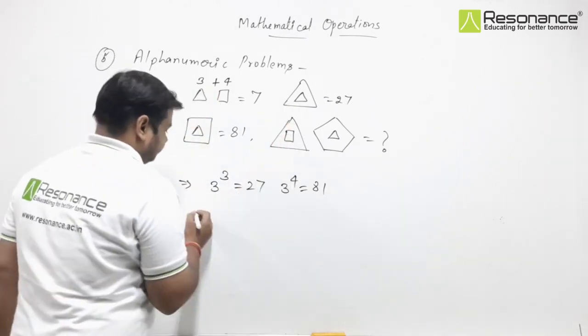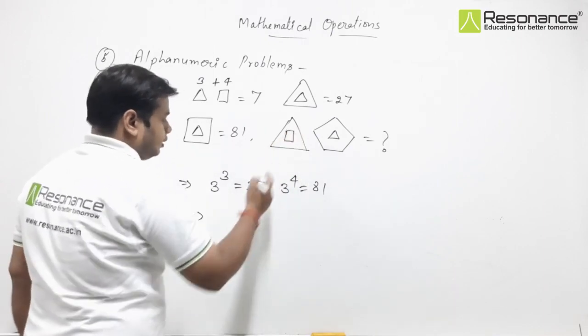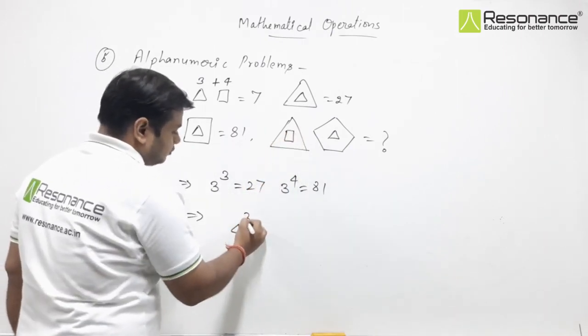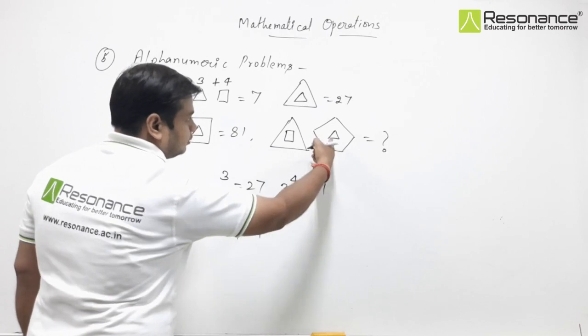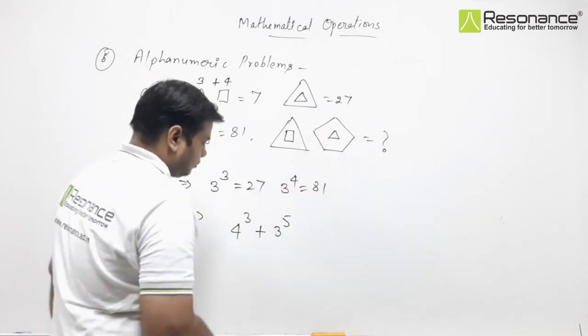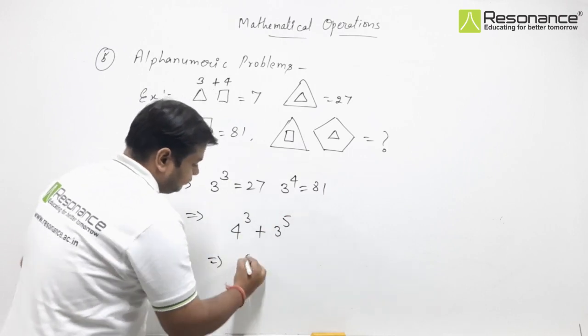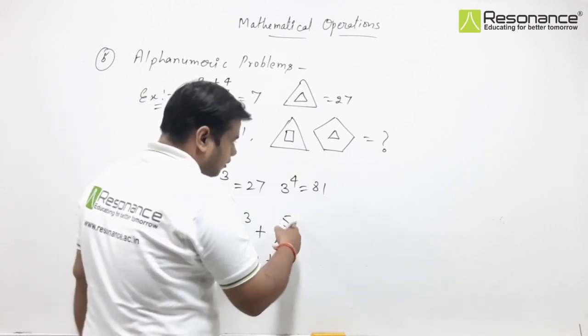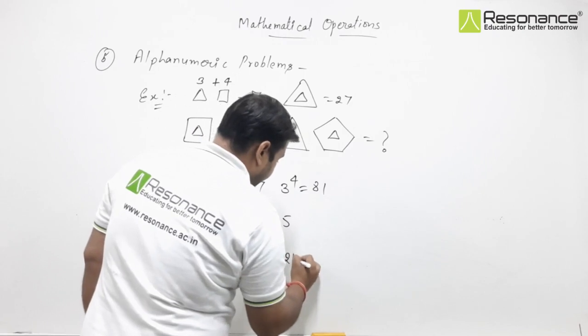So square over triangle over square means 4 power 3 plus pentagon over triangle means 3 power 5. So it will give us 64 plus 3 power 5, which is 243.